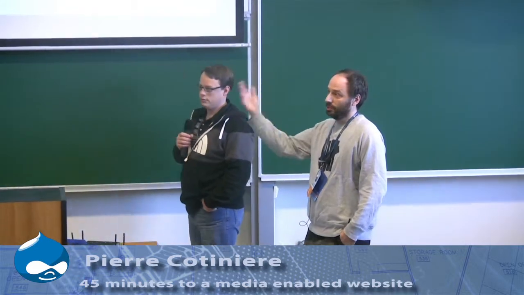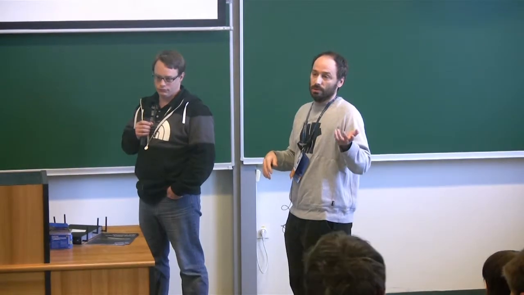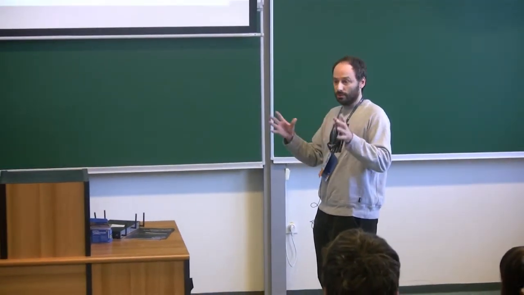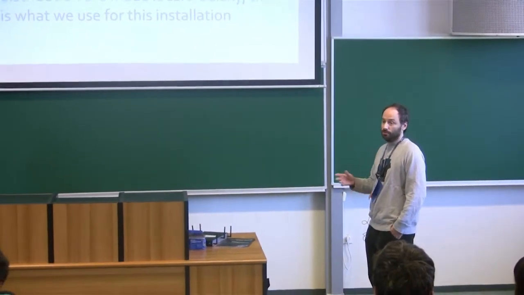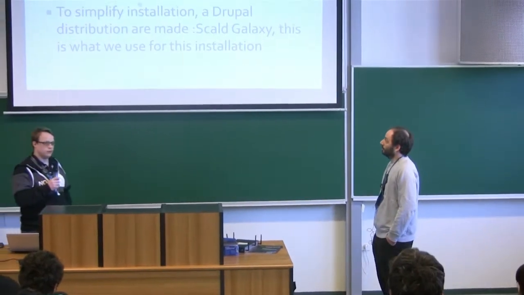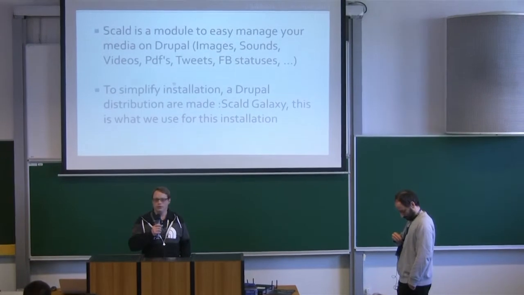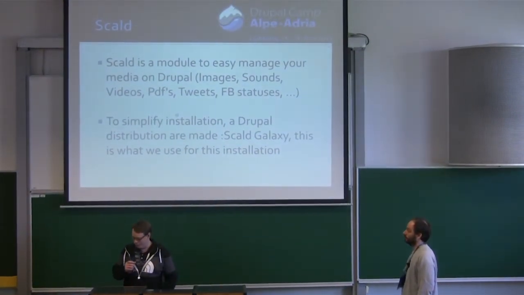If you're going to make a media website, you can use Scalde Galaxy. If you're going to make a newspaper, you will use Open Publish. So this is a packaged solution with already enabled Drupal modules. For this presentation, we use Scalde Galaxy, a Drupal distribution with Scalde in the middle.